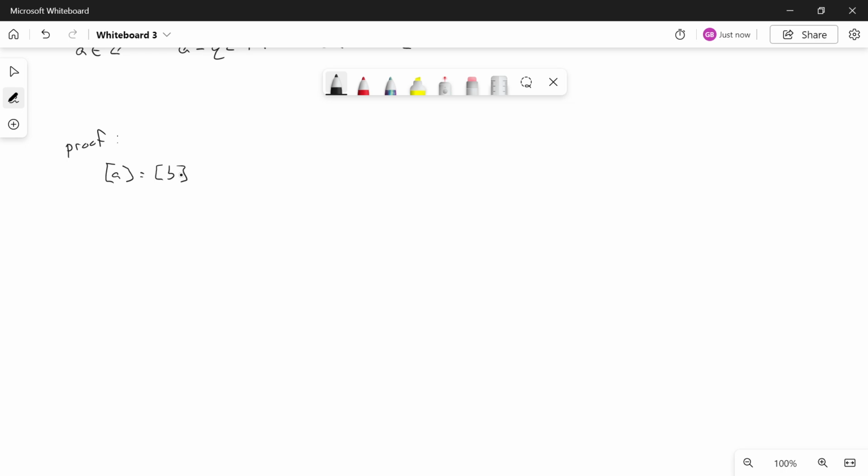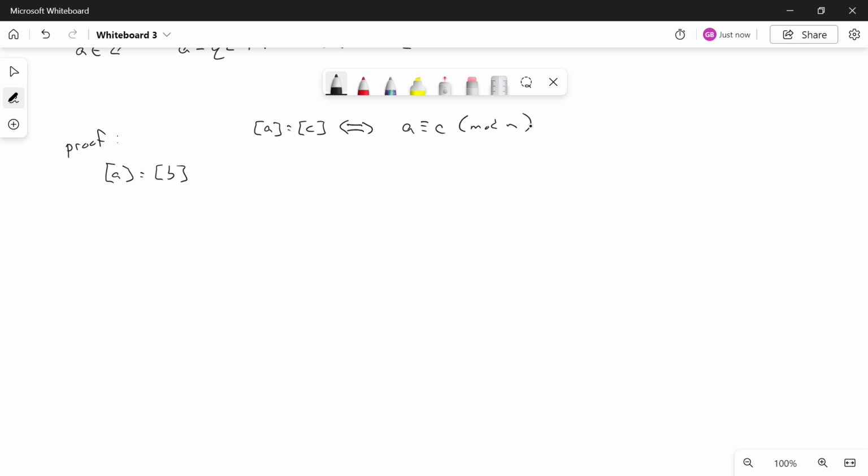Before I go any further, I can write this out using the theorem from the last video. In the last video, we said when we have some congruence class a equal to some congruence class c, this is true if and only if a is congruent to c mod n.